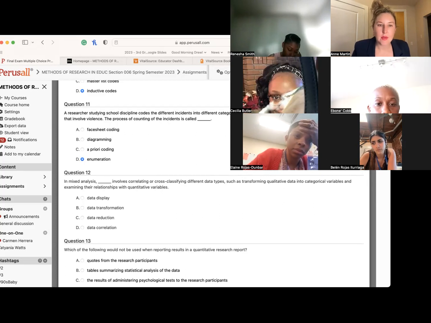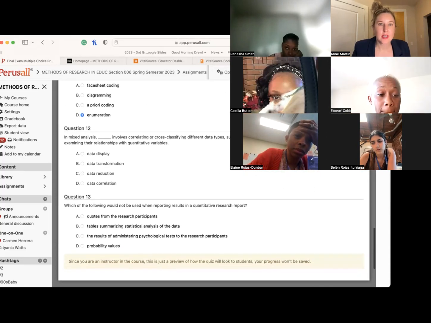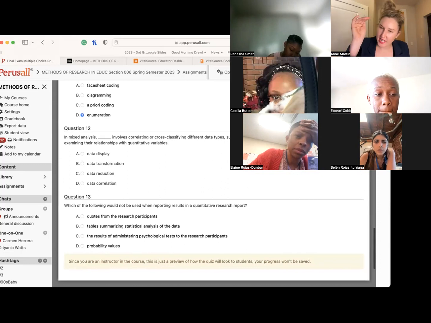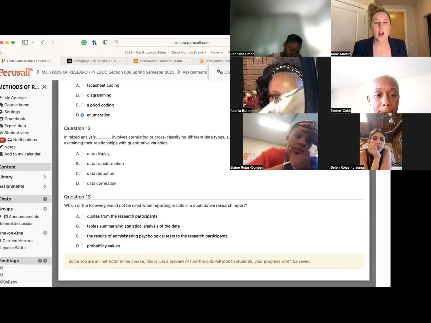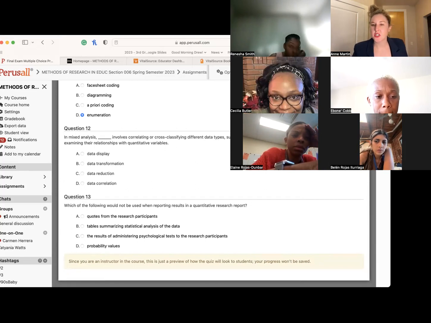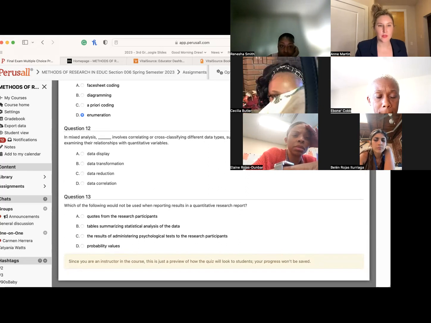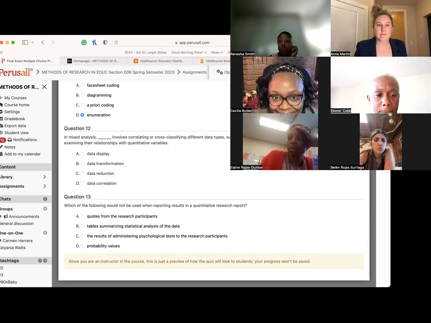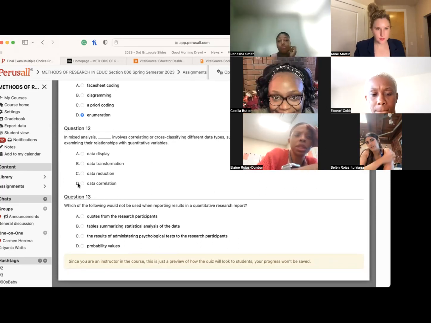Okay, so mixed analysis. So that was that table that I was telling you about that had the data reduction, data transformation, data correlation, data consolidation. So in this one, you're correlating or cross-classifying different types, such as transforming the qualitative data into categorical variables. Data transformation.